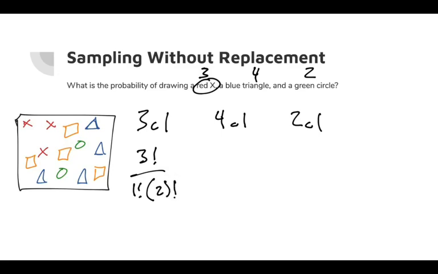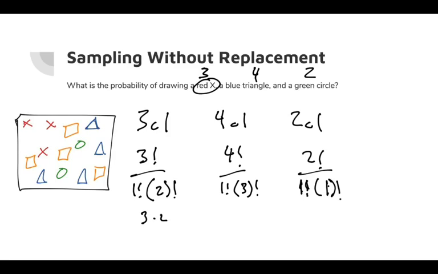And then here I'm going to have 4 factorial over 1 factorial times 4 minus 1, which is 3 factorial, and then I have 2 factorial for this one, over 1 factorial, sorry, my handwriting is getting sloppy, times 2 minus 1, which is 1 factorial, okay? And again, this would be 3 times 2 times 1 over 1 times 2 times 1. Notice that would divide out, leaving me with just 3 in this case.